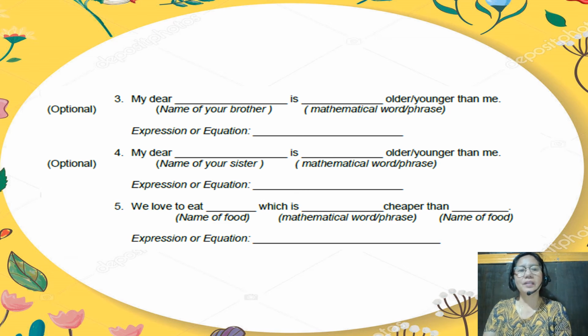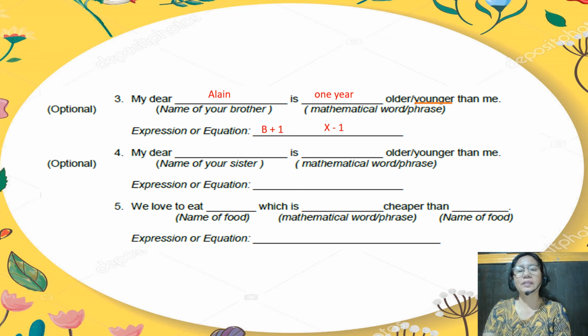Next, my dear brother Alain is 1 year younger than me. So my expression here is b plus 1, that is my age.